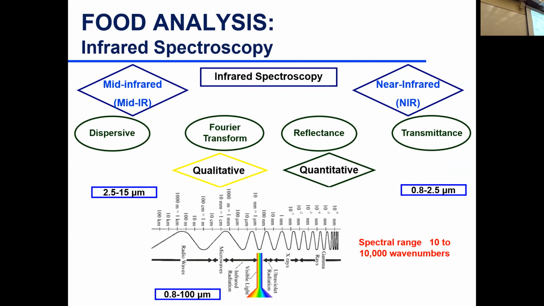Reflectance measures the light that is reflected, or transmittance measures the light that is transmitted. So we're going to talk briefly about different types of infrared spectroscopy. It's used a lot as qualitative, and I'll tell you in what instances, and also used for quantification. So it can be used for both.